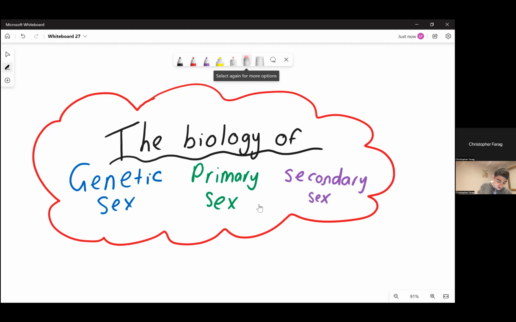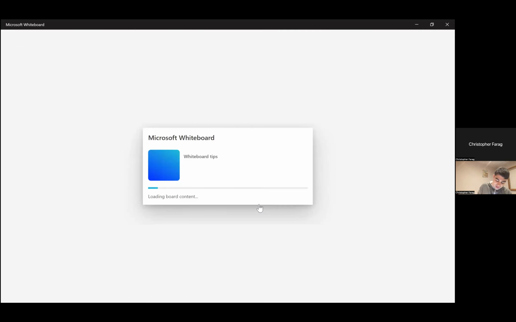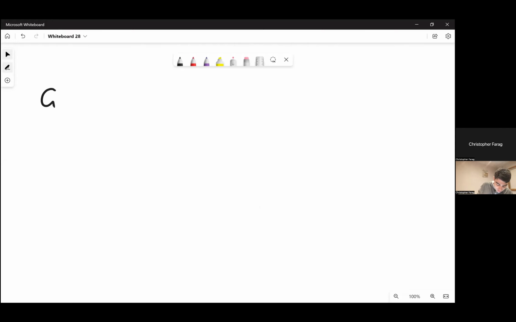Okay. So genetic sex is your chromosomal complement at birth, or at conception, I should say more correctly. For most individuals, XY for a male and XX for a female.